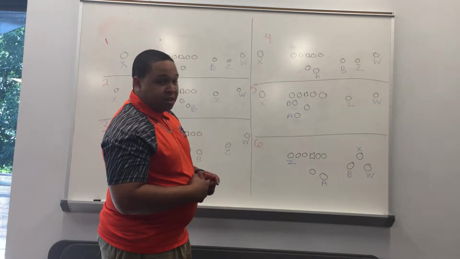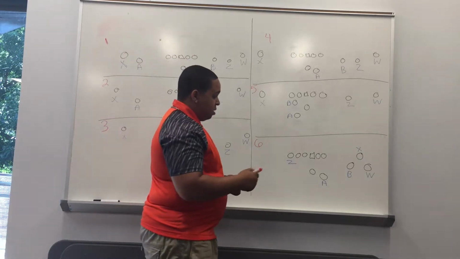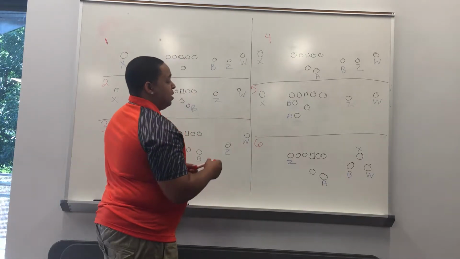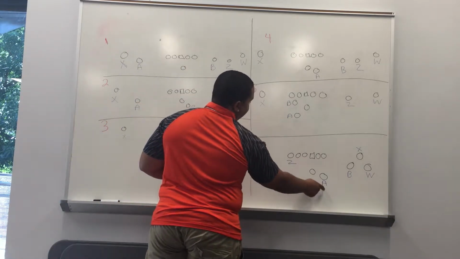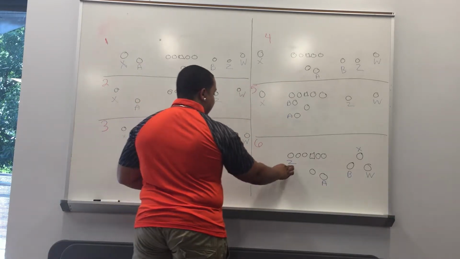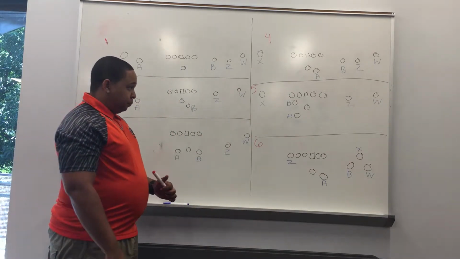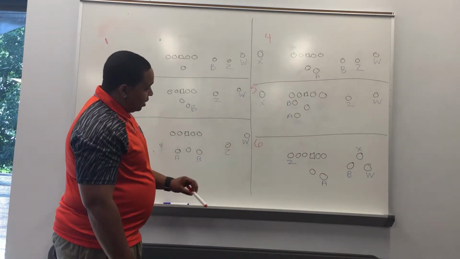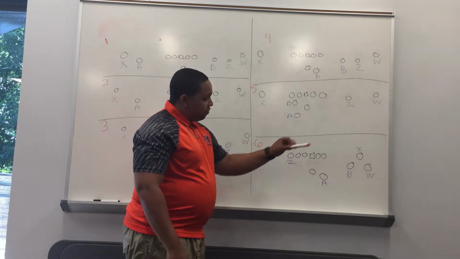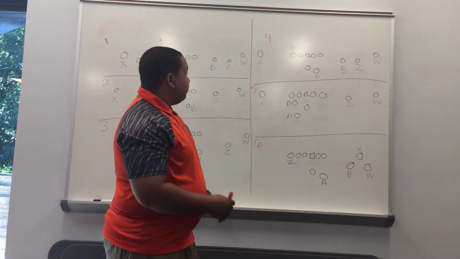Okay, formation 6 is the only time we deviate from our naming scheme. As you can see, we have the A in the backfield here, and then the Z is actually on the line of scrimmage away from the 3 receiver side.